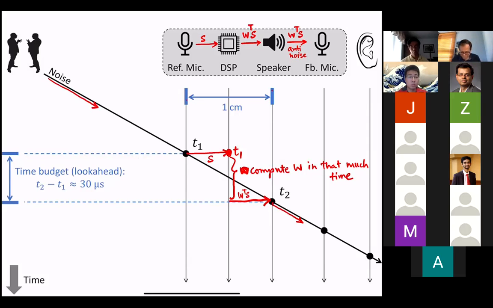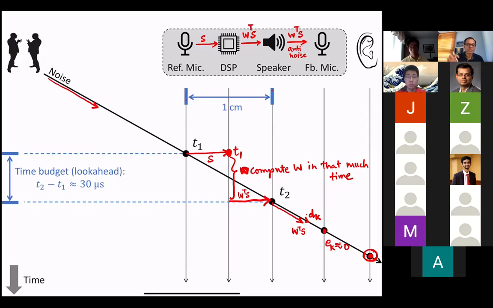In some sense, you should think of the black line as D_k and the red one as W^T S. So if W^T S and D_k both arrive at the feedback microphone, then your E_k should be 0. And D_k and W^T S both will finally arrive at the eardrum, and hopefully they'll also cancel to 0.